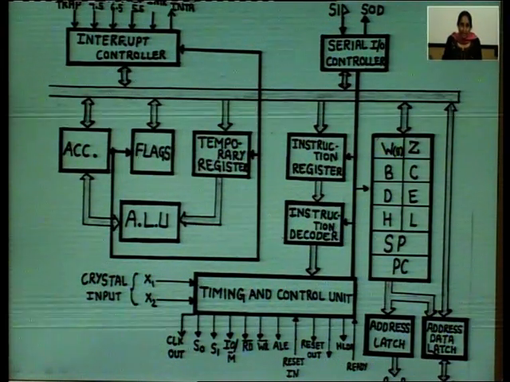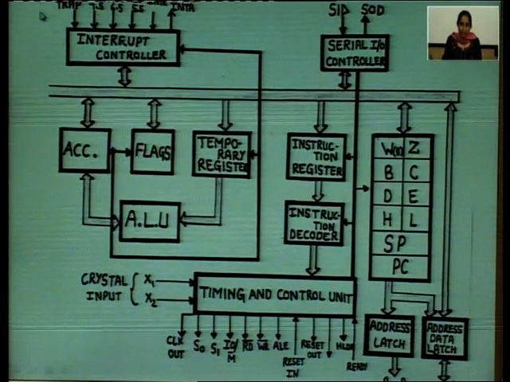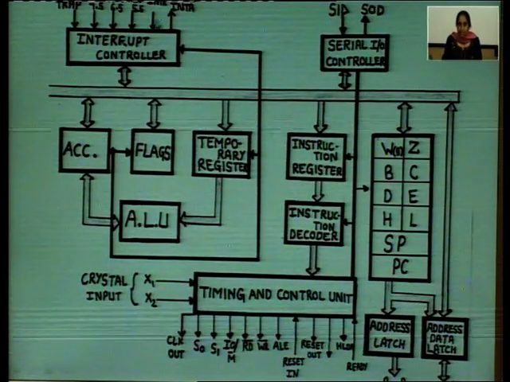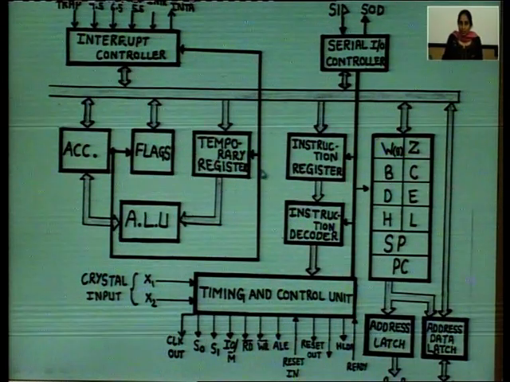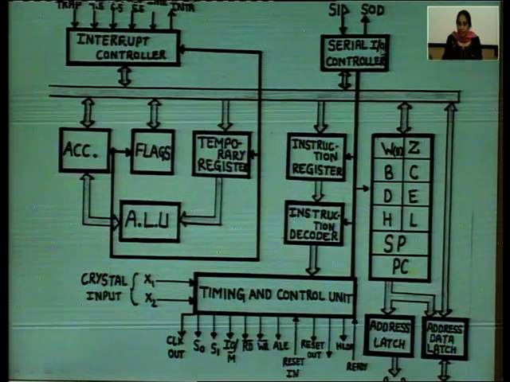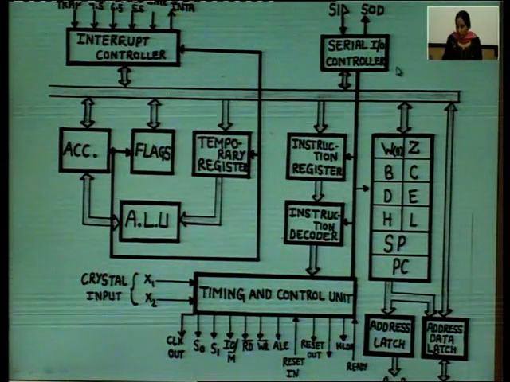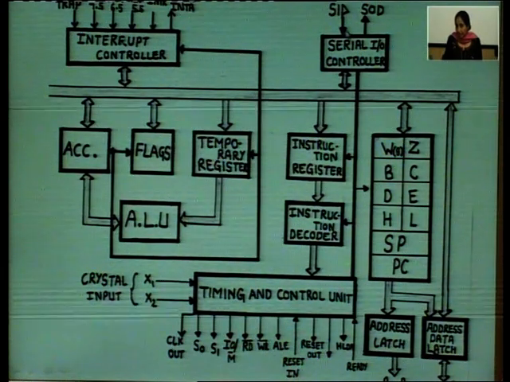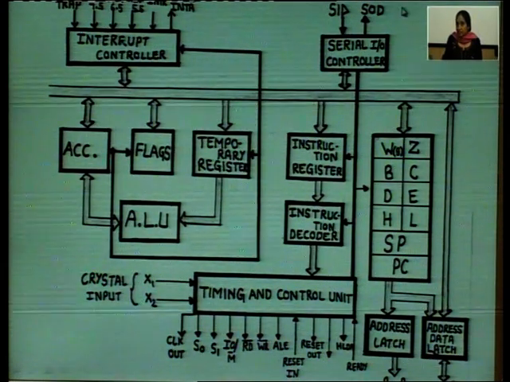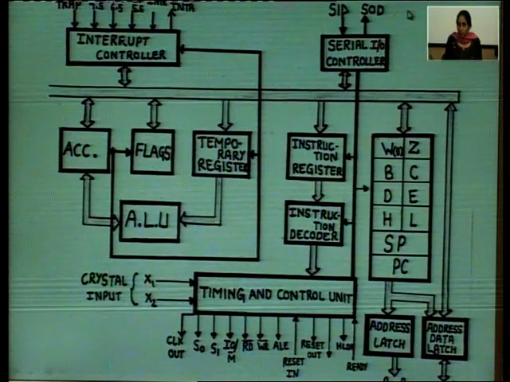TRAP has the highest priority and it is non-maskable. The other 4 interrupts are maskable. After that, we have the serial input output controller. It has 2 pins, one for serial input data, SID, and the other for serial output data, that is SOD.